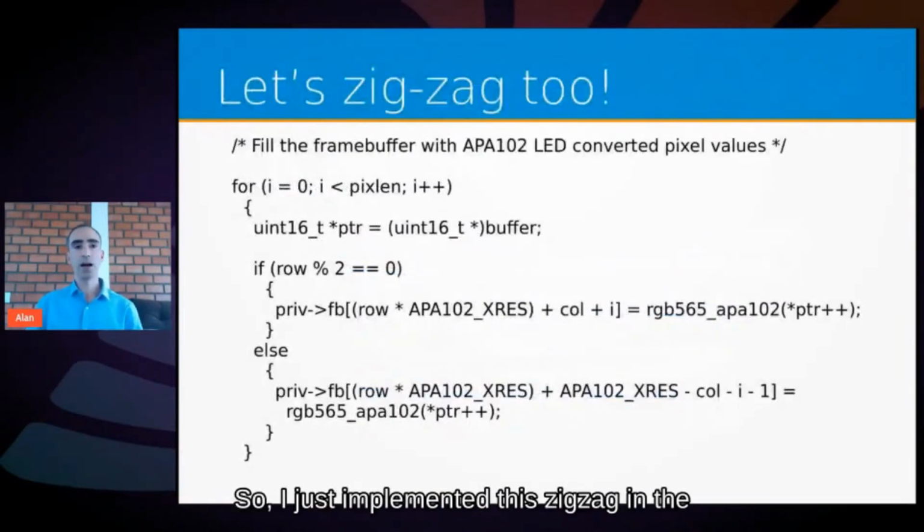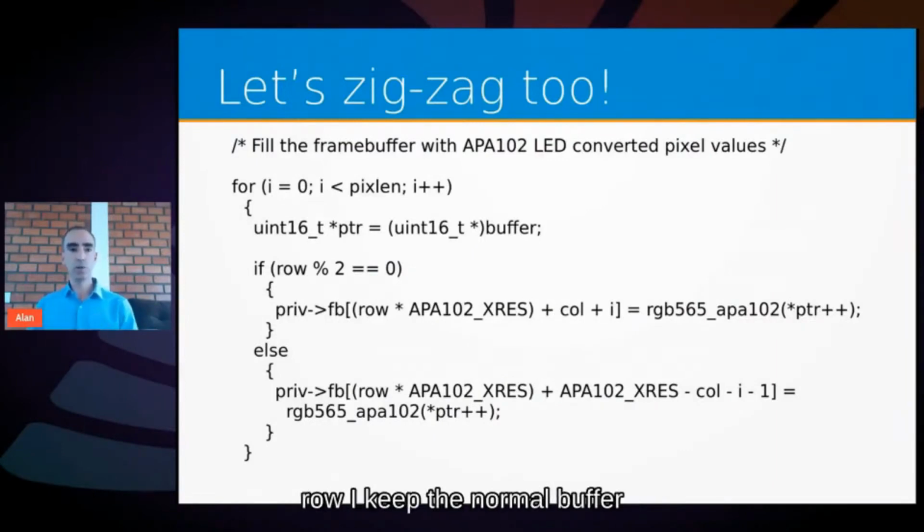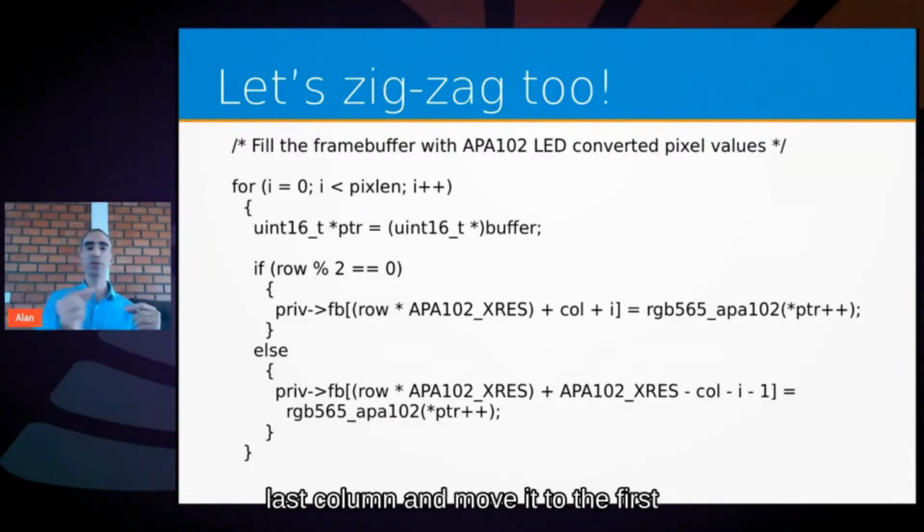So I just implemented this zigzag in the source code. I detect the row. If it is an even row, I keep the normal buffer direction. If it's an odd row, I go in the inverse direction: instead of starting from column 0, I start from the last column and move to the first column.